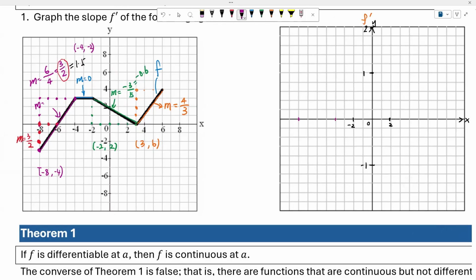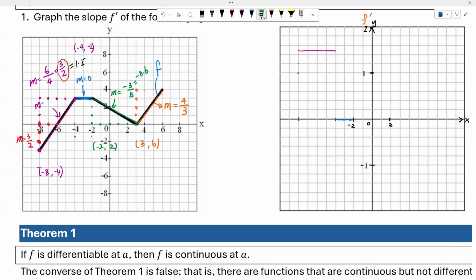So this is 1, 1.2, 1.4, 1.5 is here. Okay. And how about between -4 and -2? It is equal to 0. Okay.